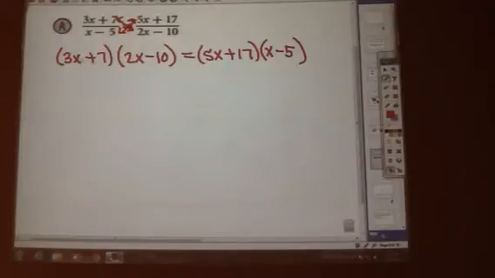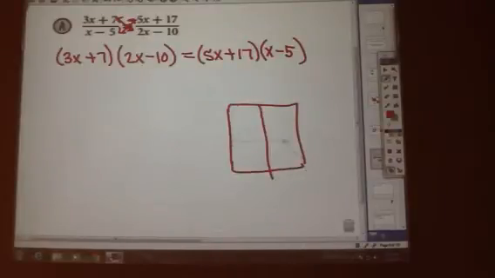So I'm going to FOIL this or box it. I prefer to FOIL, but I will show either one. I'm going to box over here. 3x plus 7, 2x minus 10. If you like to FOIL, just hang on and I'll FOIL it in just a second.